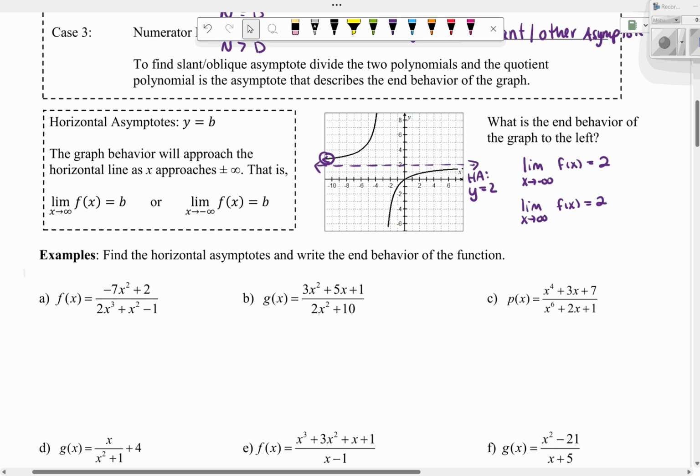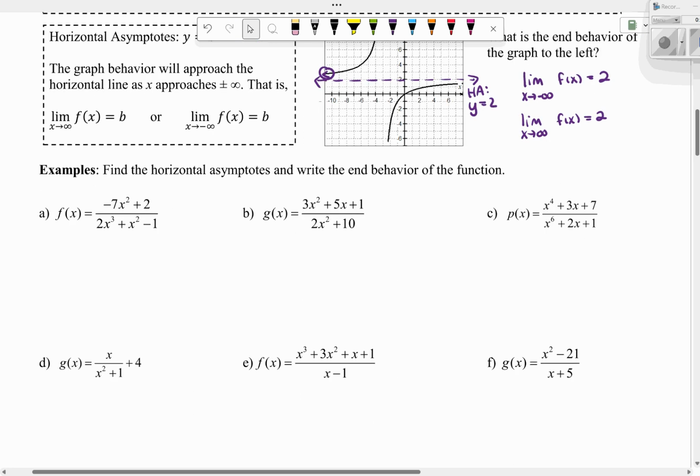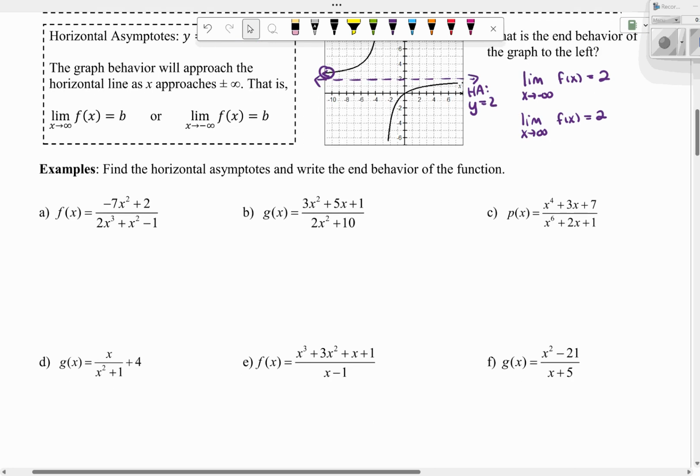The next question says, find the horizontal asymptotes and write the end behavior of the function. So we're going to have to look at the degree of the numerator versus the degree of the denominator. Looking at this first one, you need to make sure that it's in standard form. You can see that the numerator and denominator are both in standard form. So we can easily see the degree of the numerator is 2 over a degree of 3.